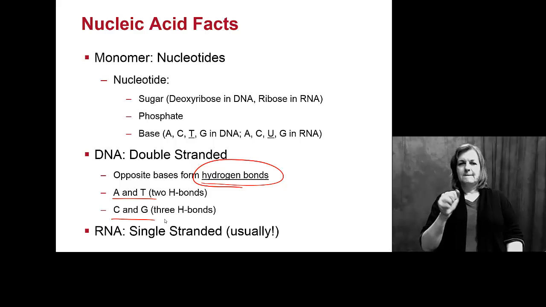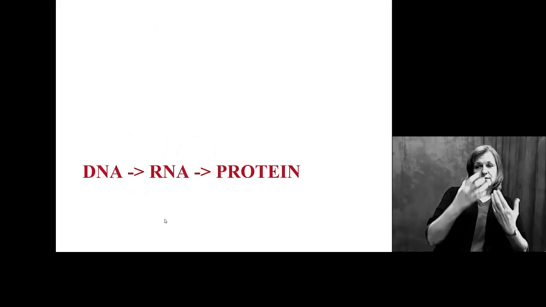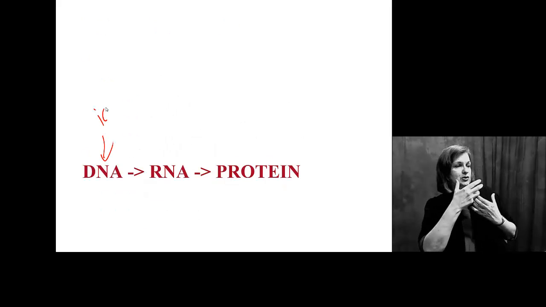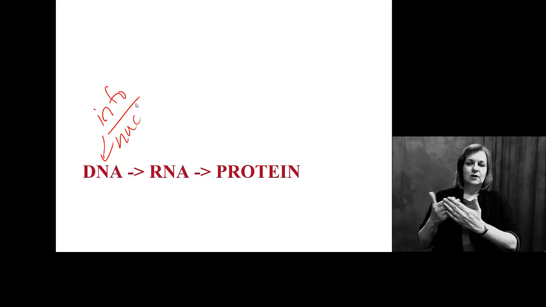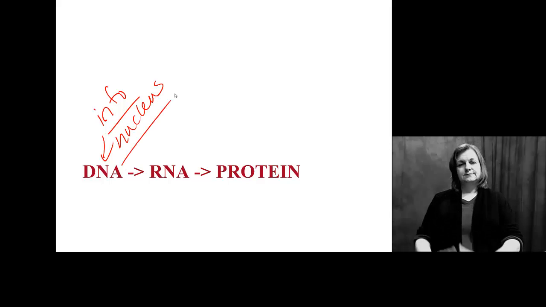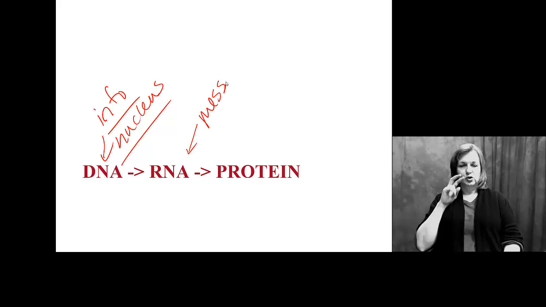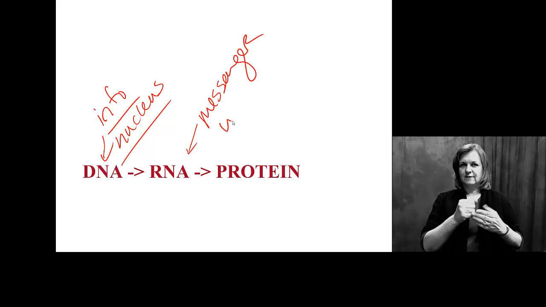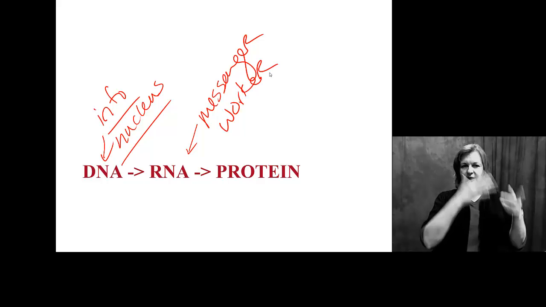RNA is single-stranded most of the time. But what we have to think about is the interaction between these two. DNA is your information unit, stored in your nucleus, and it never leaves the nucleus. RNA is more like the messenger or the worker. We're going to look at it as picking up information from your DNA.